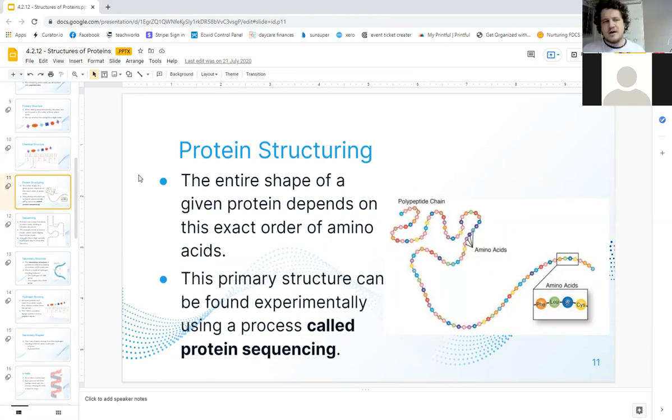Wrong. There are so many interactions in a protein that the fastest supercomputers and the most powerful computers in the world cannot accurately predict the 3D shape of a protein from this primary structure.